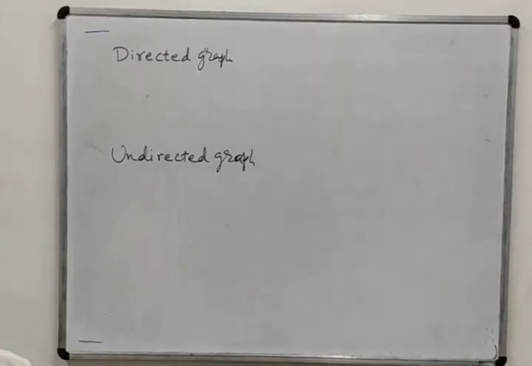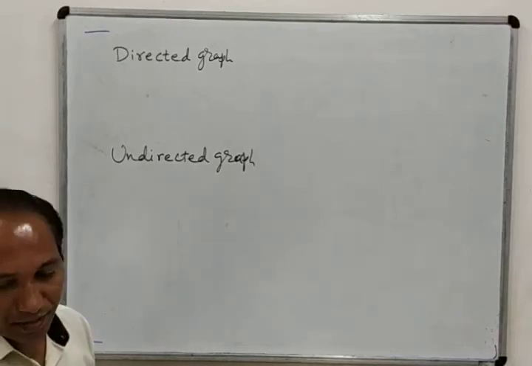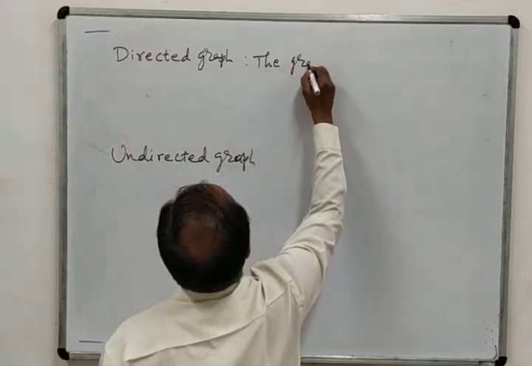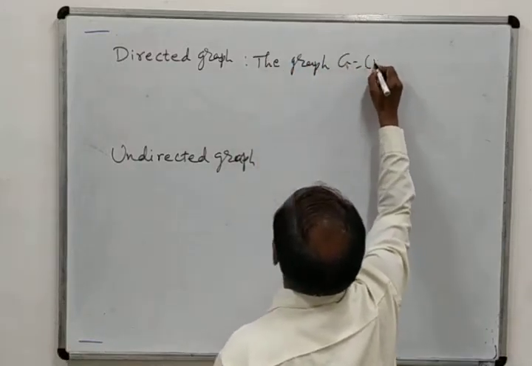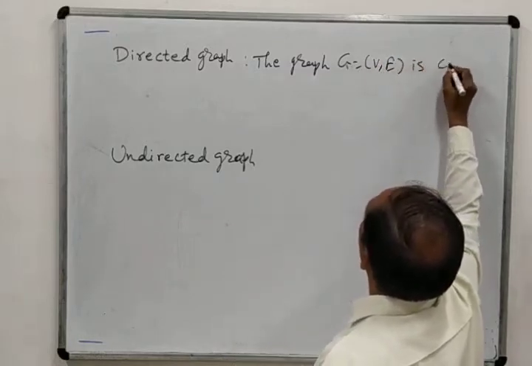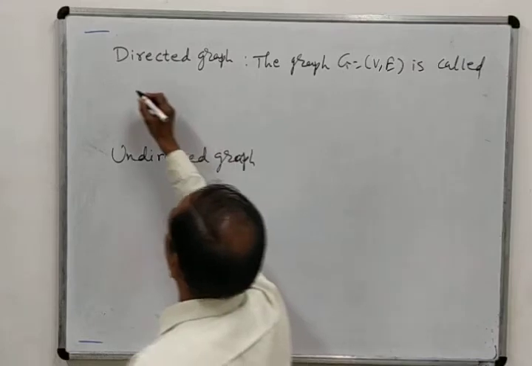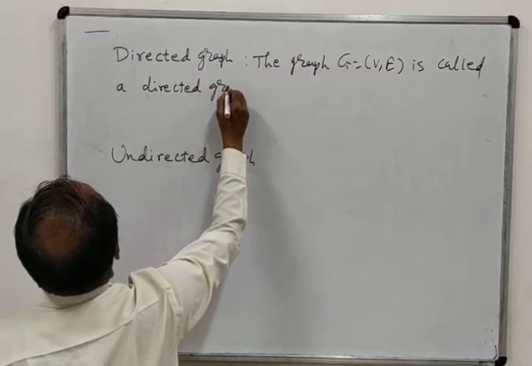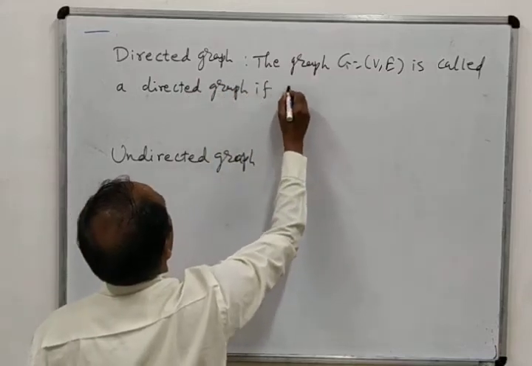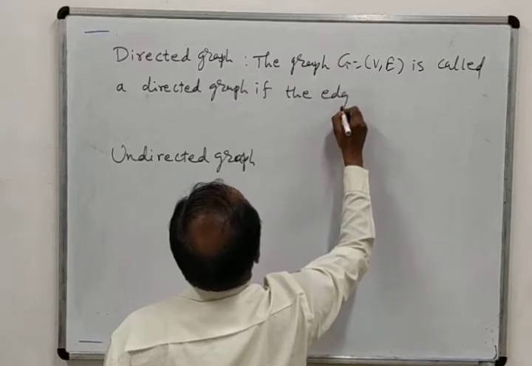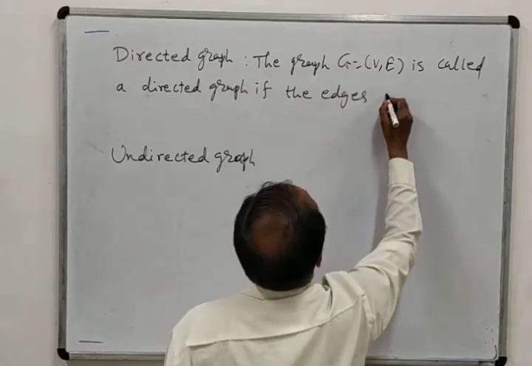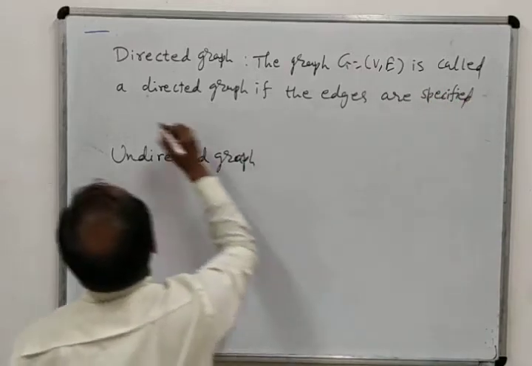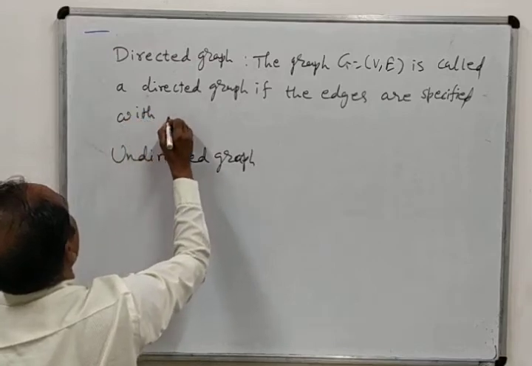So directed graph means the graph G equal to (V, E) is called a directed graph if the edges are specified with a direction.